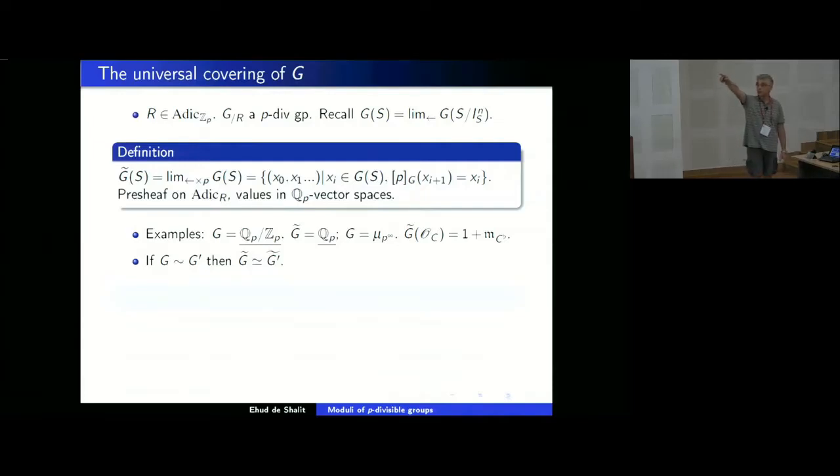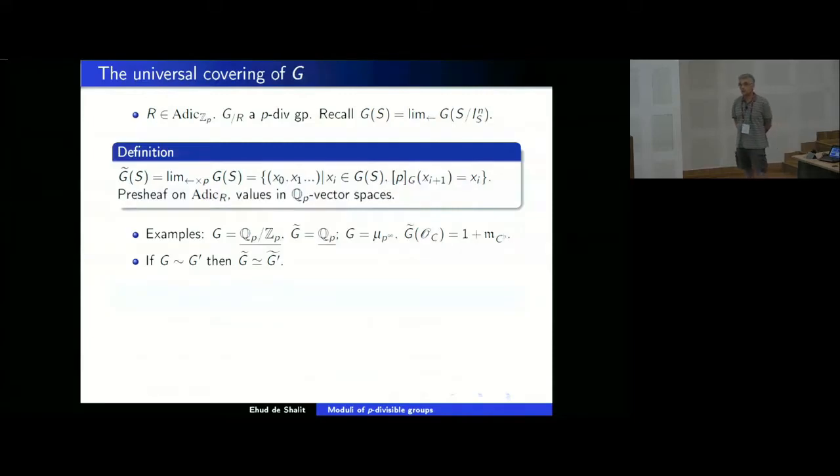Because of this new definition, there were really the whole unit disk around 1. And when you take its inverse limit with respect to raising to the power p, you get, as we learned from Kedlaya's talks, the same unit disk, but in the tilt of C, 1 plus the maximal ideal of the tilt of C.